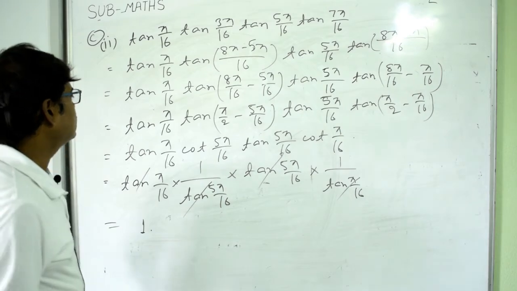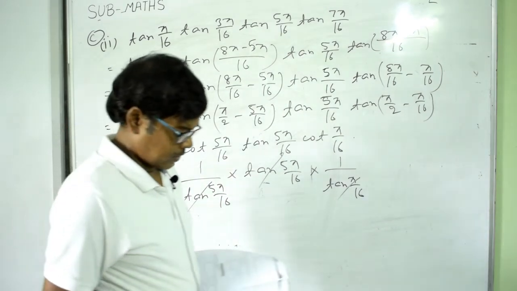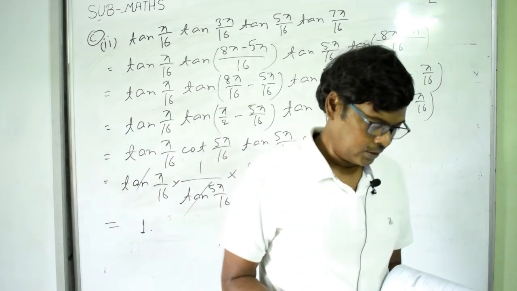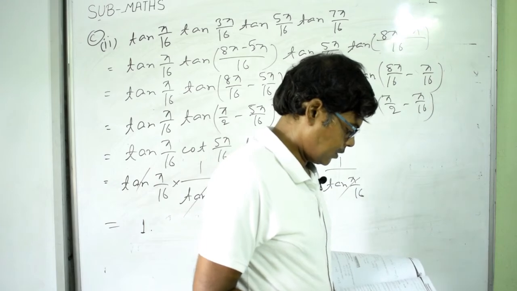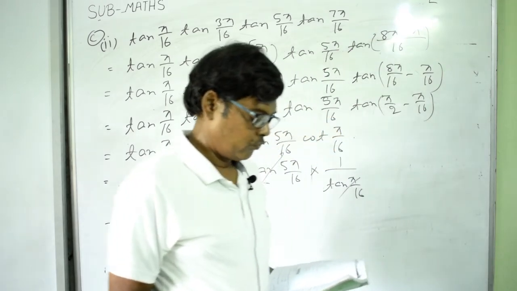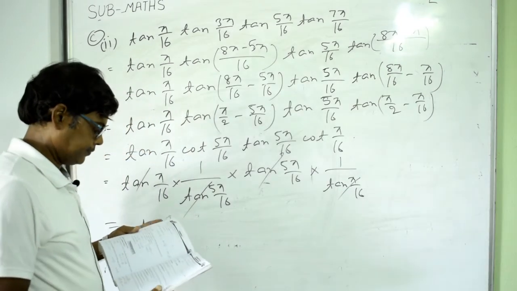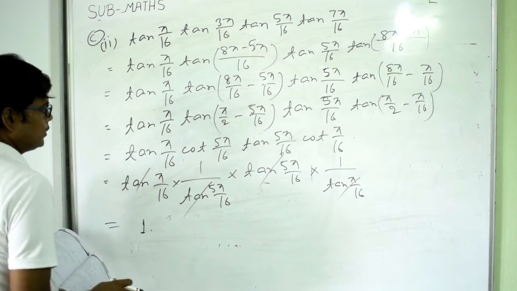Then the next one is also we have to find the value of theta here. Tan theta equal to root 3 and cos theta equal to minus 1 by 2. Then what is the value of theta? So this is done.